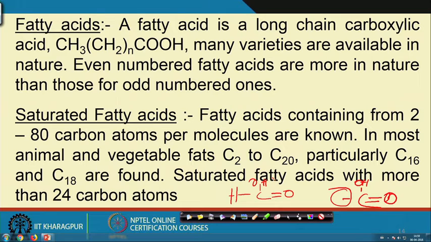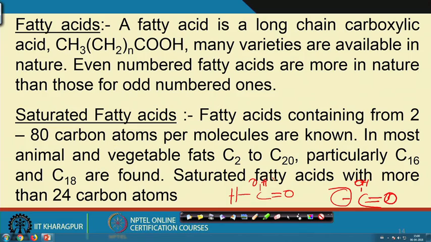It is the chain CH3, CH2 whole n COOH. If we make n equal to 1, then it becomes CH3 CH2 COOH. From formic acid, CH3 COOH would be acetic acid, and CH3 CH2 COOH would have been propionic acid, but normally up to 3 carbons it is avoided.